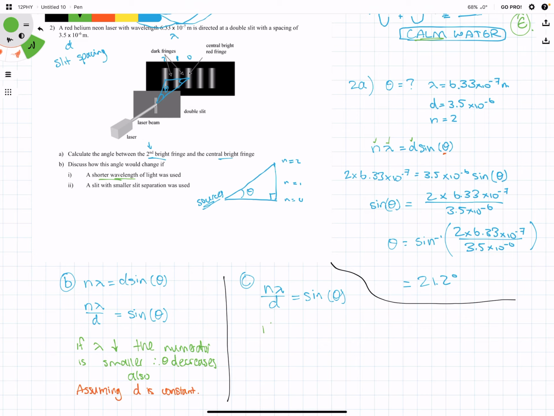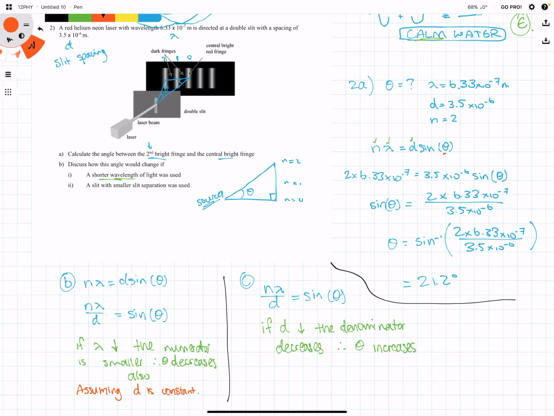If d decreases, if we reduce the separation between the two slits, what's going to happen to the angle? The denominator decreases. Therefore, what happens to theta? If we're dividing by a smaller number, the right-hand side is going to increase. Theta increases.